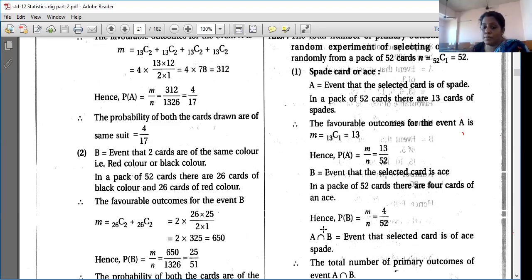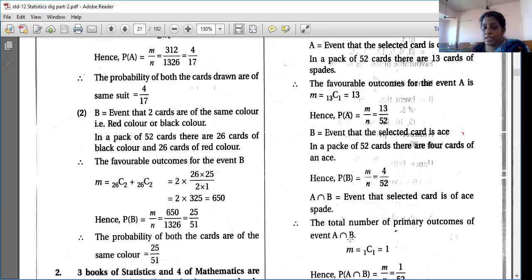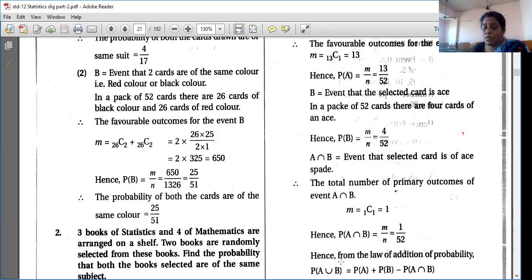Spade or ace is said, so for P of A intersection B, the selected card should be a spade ace. P of A intersection B equals 1 only.